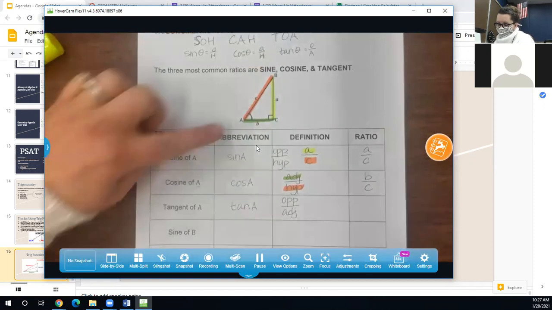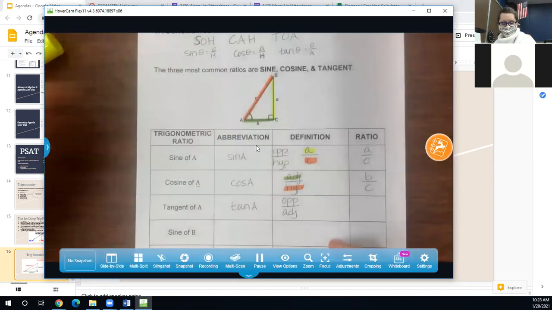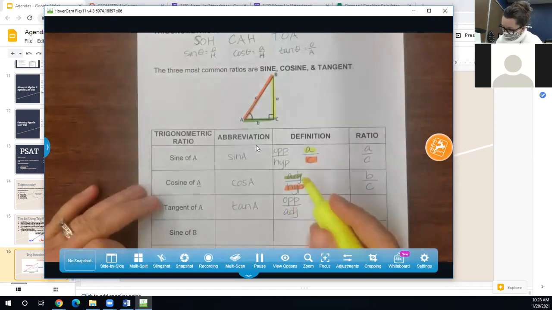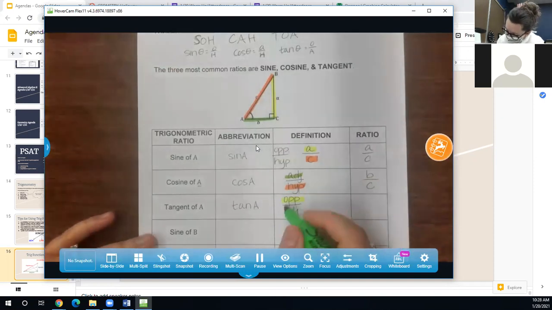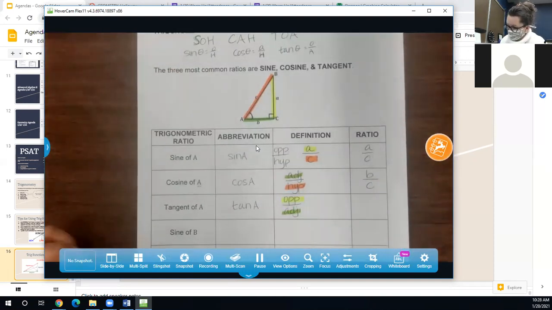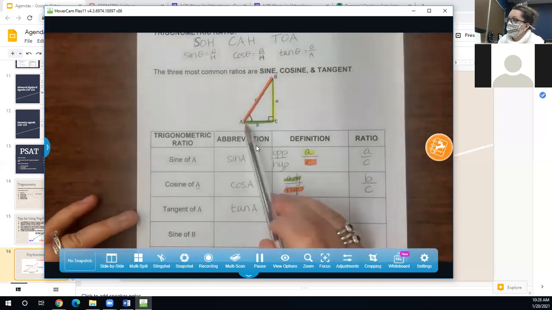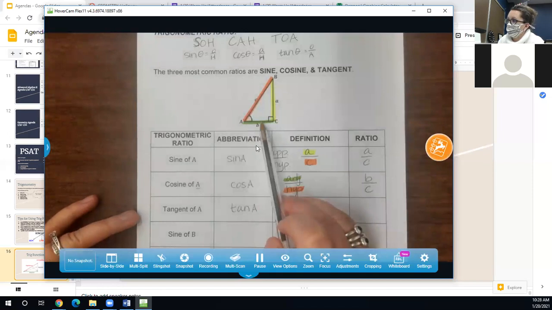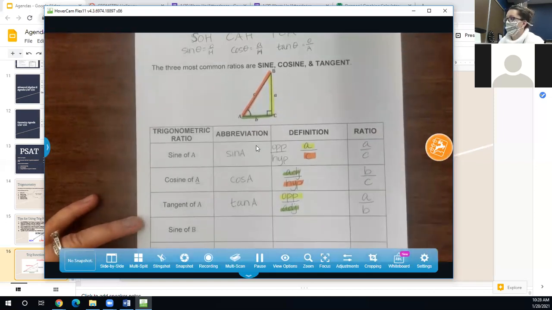So I'm going to think, okay, from A, the opposite value is side a, little a, and the adjacent value is side b, next door neighbor. So remember, opposite is across the street neighbor, adjacent is next door neighbor, shares a leg. So opposite over adjacent, we write the ratio as a divided by b, okay?